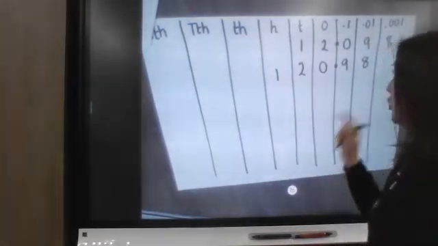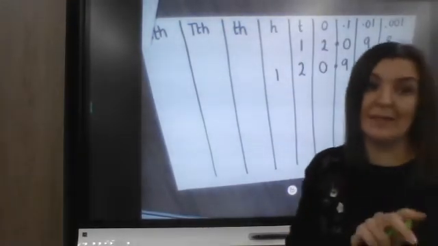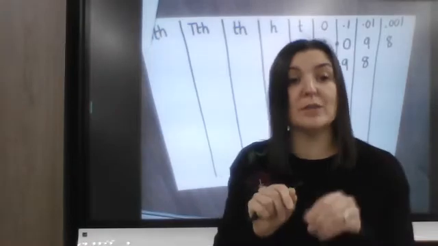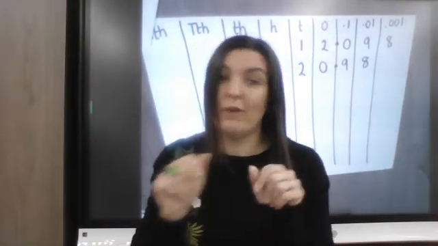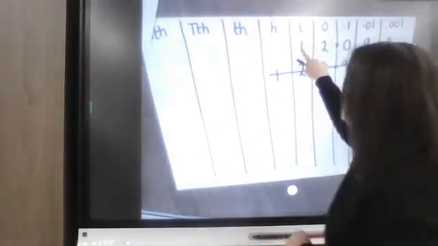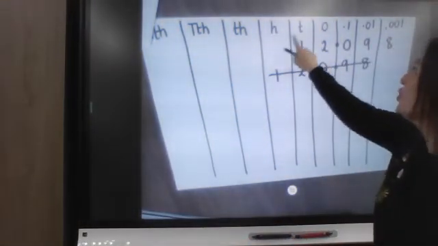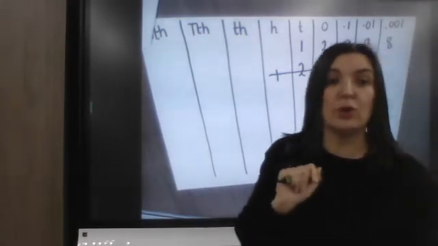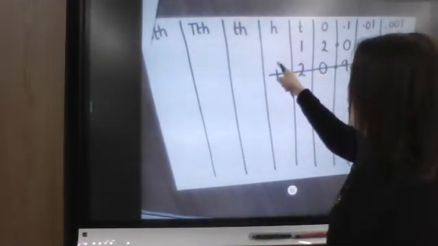Now multiplying by 100, I need to move it 2 places. Be really careful here if you are using the chart. You might want to write your answer down in the grid, then cross it off so that you've done that one. I'm always using the original number here. So now I've got to move this one 2 places because I'm multiplying by 100. So 1, 2.